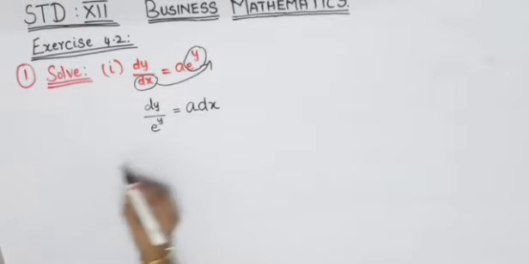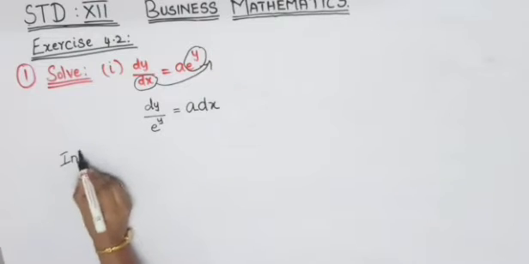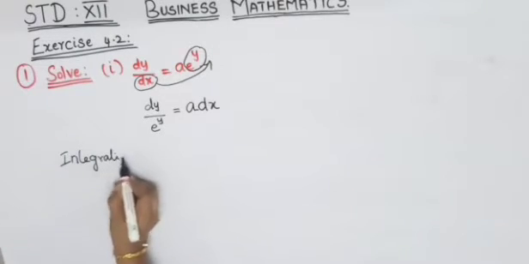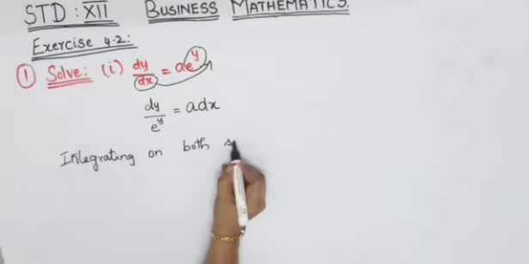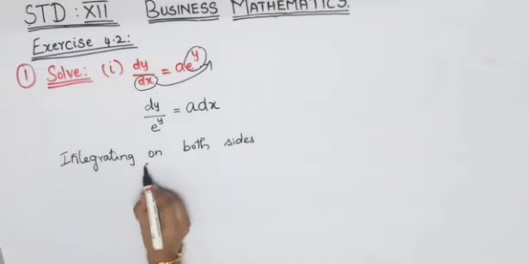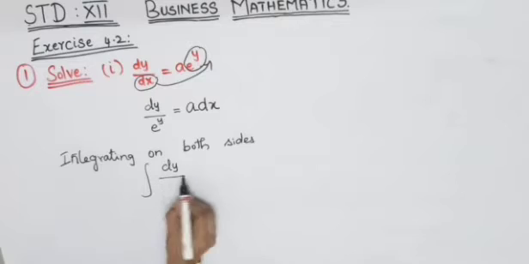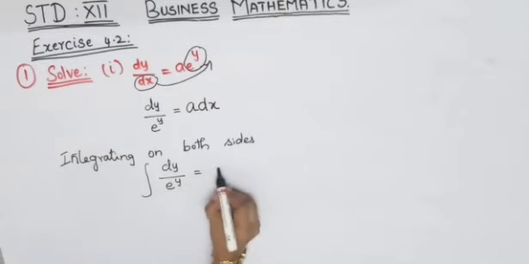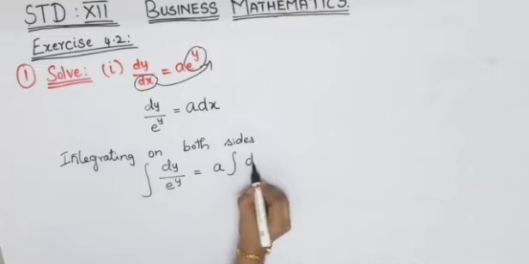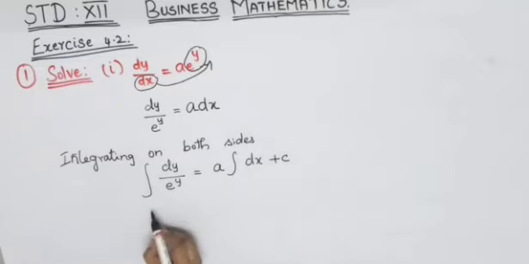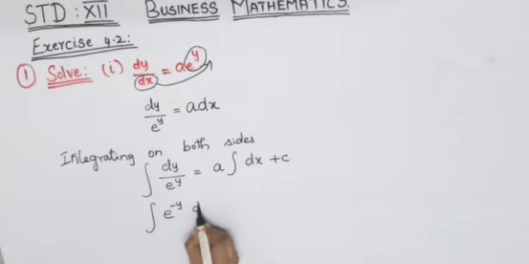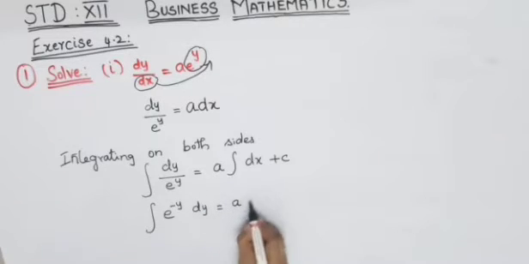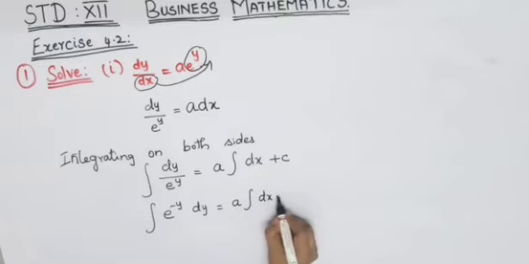Now integrating on both sides, we can apply the integral of dy divided by e power y, which is equal to a into the integral of dx plus c. The e power y in the denominator, you will take to the numerator. So e power minus y into dy is equal to a into the integral of dx plus c.